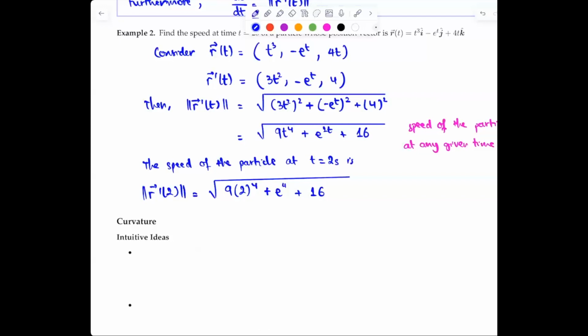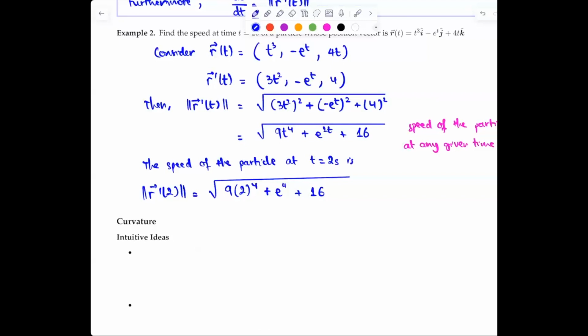Make the substitution. At this point, you can just put this into a calculator.